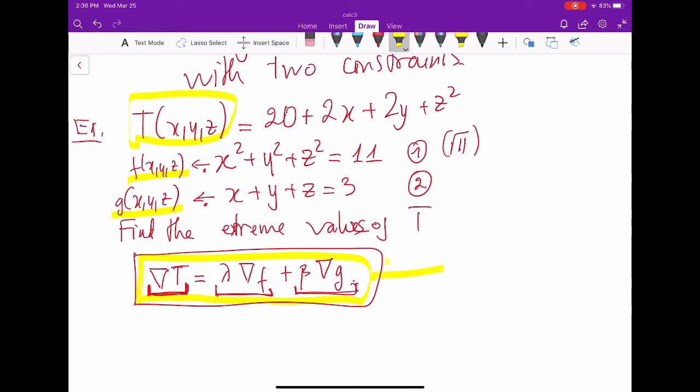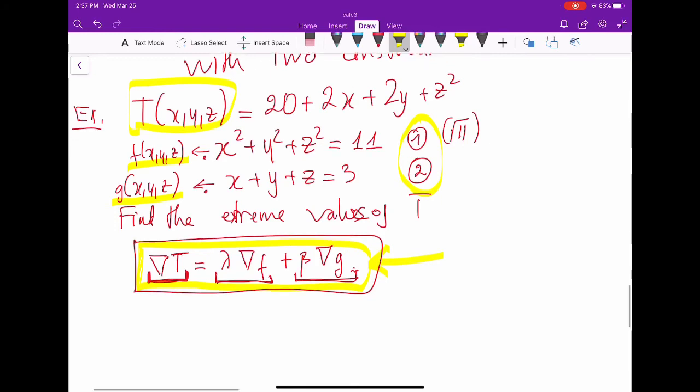That's why you have this equation. Make sense? Now we have to find gradient of f, gradient of g, gradient of t, and plug into this equation. Together with two constraints, we will find x, y, z, lambda and beta. Okay? All right, let's do this.